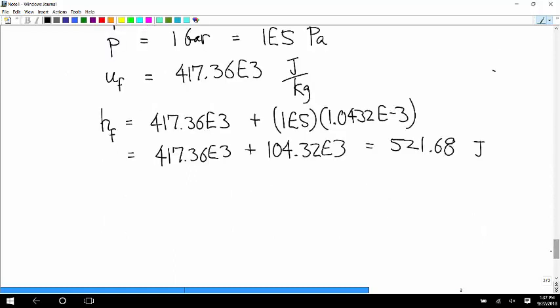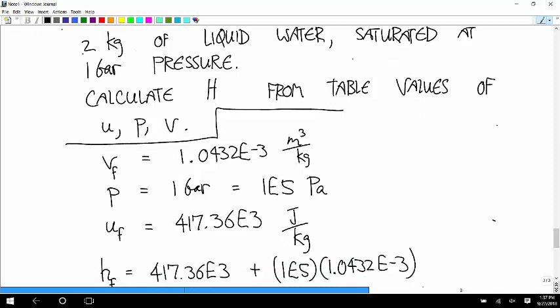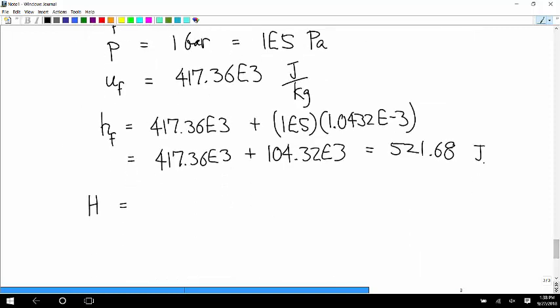We want the total value, the extensive enthalpy. So that's equal to the mass of the material, 2 kilograms. Oh, joules, this is joules per kilogram because it's intensive. And so this is equal to 2 kilograms times 521.68 joules per kilogram.